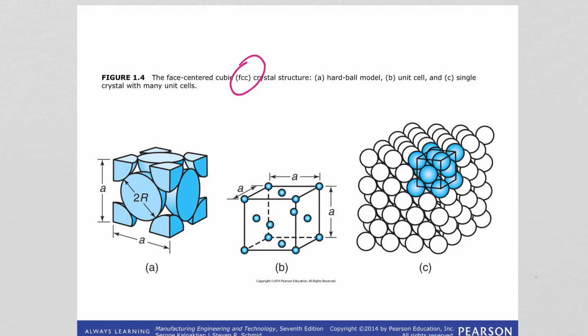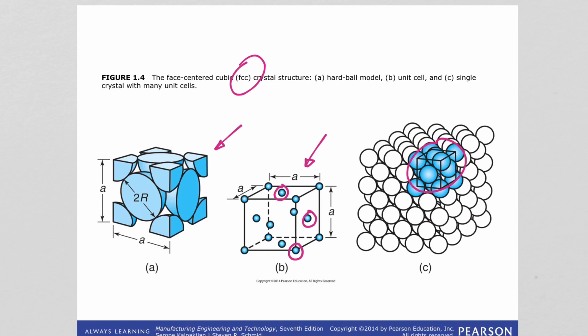In this case, the faces of the unit cell have atoms besides the corners, and we call it face-centered cubic. And of course, this unit cell repeats in 3D, forming the overall crystal structure. Another ball model of FCC.